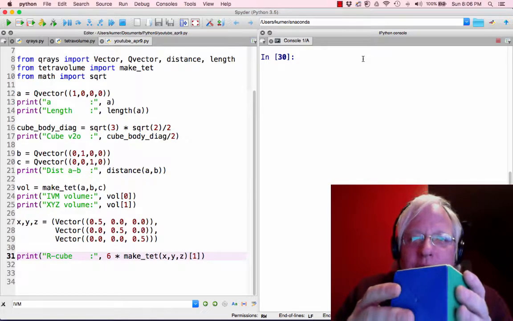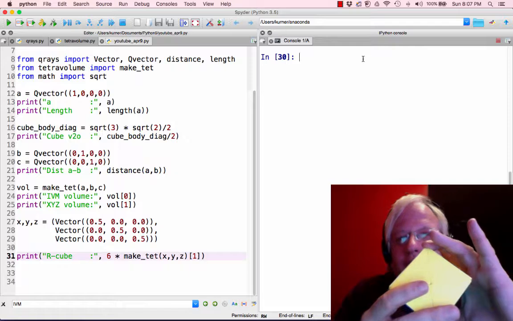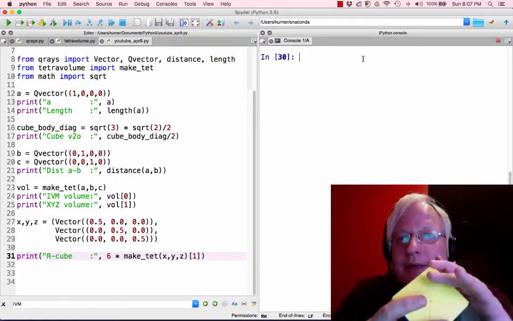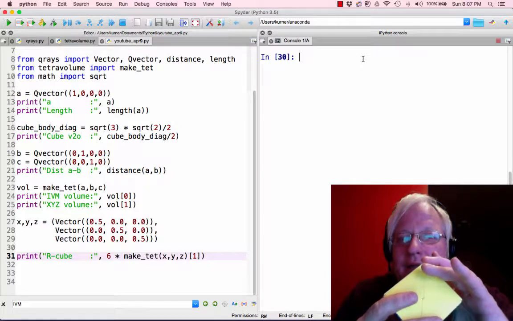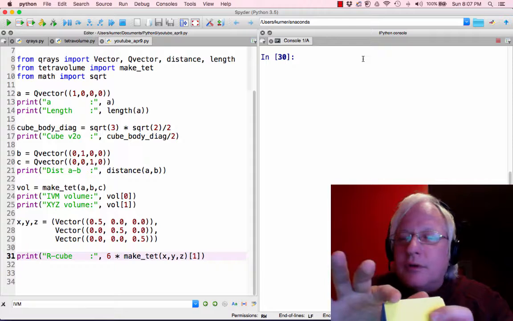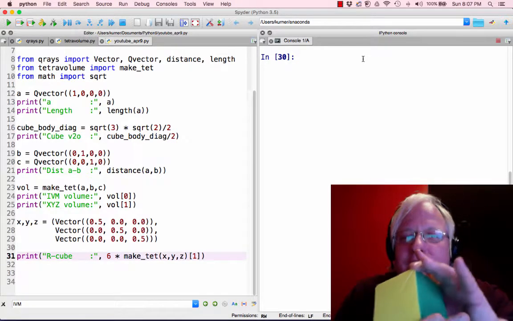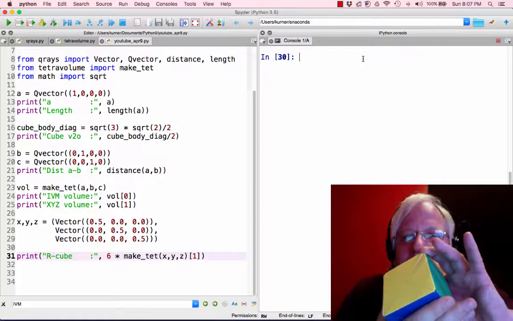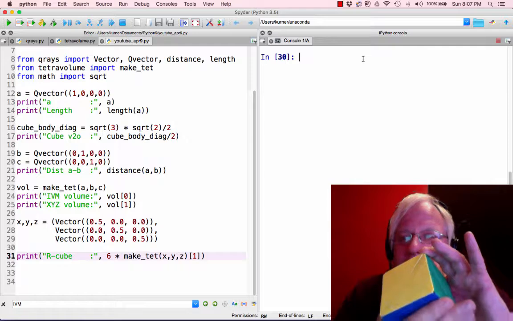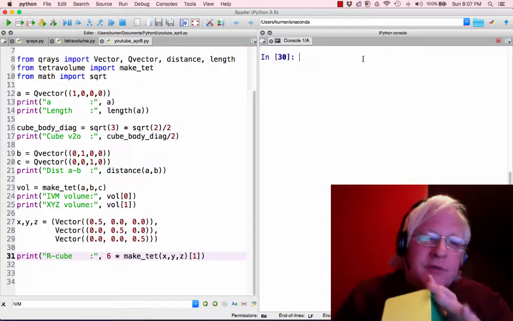The unit cube has a body diagonal from corner to totally opposite corner through the center of the cube. The unit cube has square root of 3 for that. However, because our edges are all square root of 2 over 2, the square root of 2 over 2 is like a scale factor. And so the actual body diagonal of this cube now is going to be square root of 3 times square root of 2 over 2.